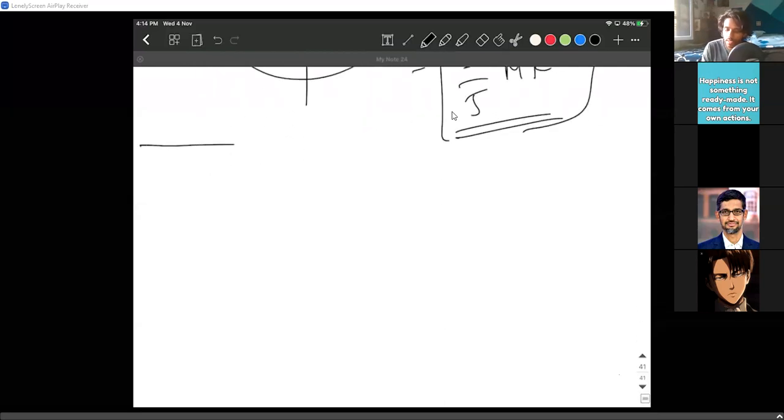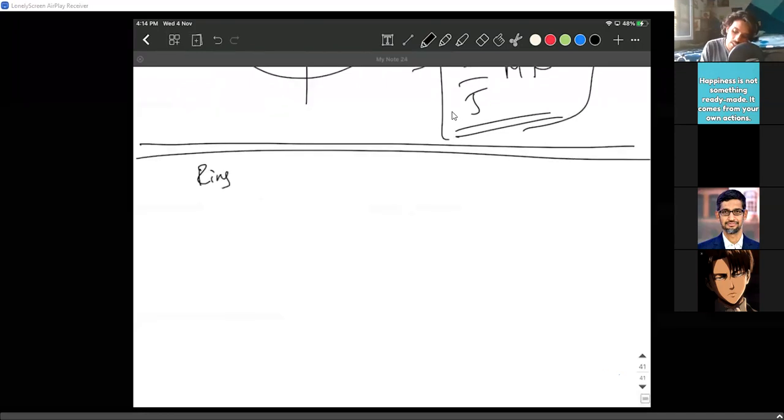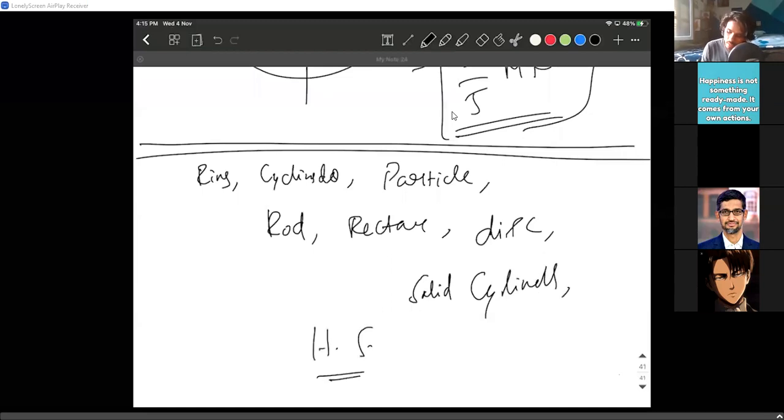All you need to do is remember the values for all the important bodies: ring, cylinder, a simple particle mass, a rod, rectangular plate, disc, solid cylinder, hollow sphere, solid sphere. All you have to do is remember these values.